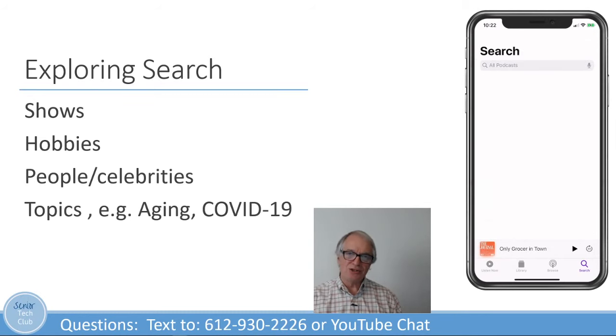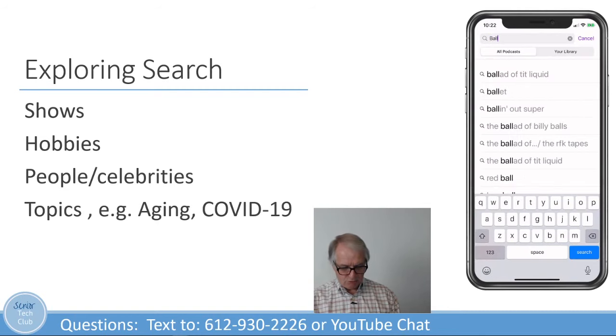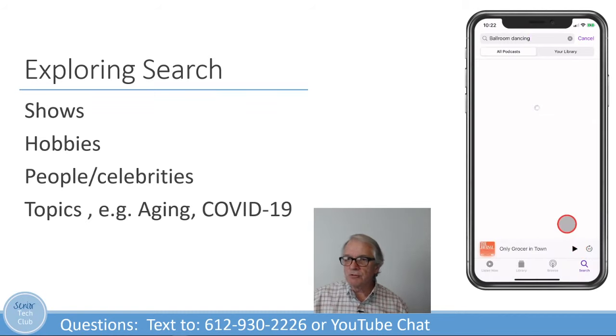I would challenge you to put, you can even do this as we're talking right here, your favorite hobby into this search bar and see if you get a result. So, for instance, if you are into ballroom dancing, I'm going to type ballroom dancing in the search bar and tap on the search button on the bottom of the screen.